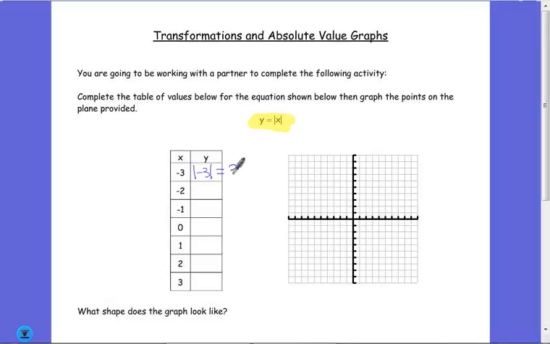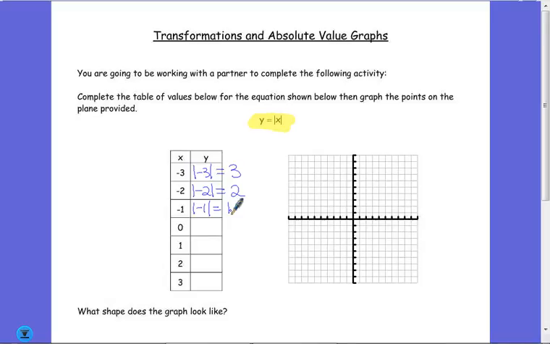Well, it's 3 units. Now we're going to look at the absolute value of -2. How far is -2 from 0? It's 2 units. The absolute value of -1, well, how many units from 0 is that? It's 1 unit. So pause the video, take a moment, and finish filling in this table.